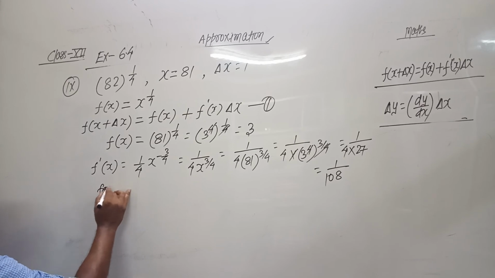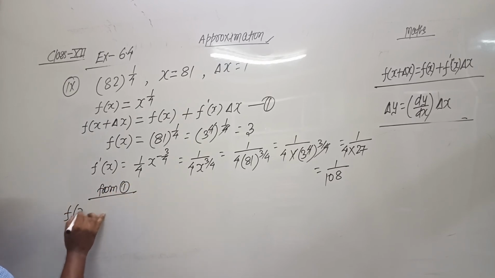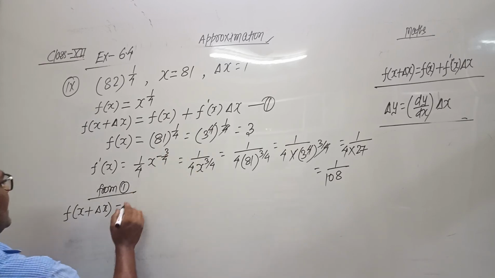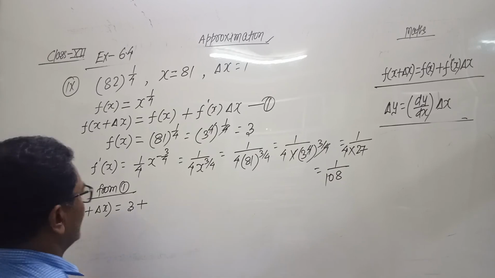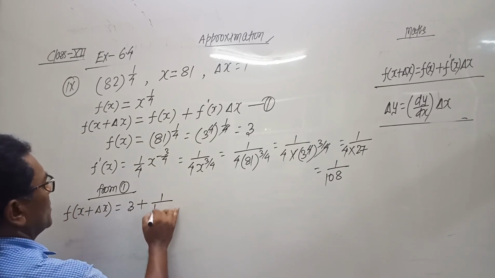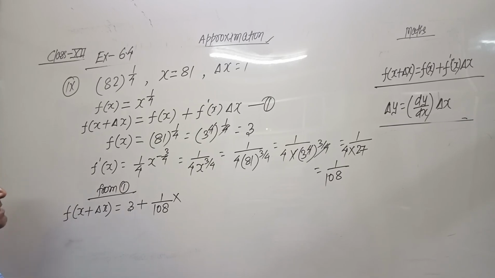Now from the first equation, f of x plus delta x equals f of x, the value of f of x we calculated. This is 3. F of x is 3 plus f dash x we have calculated, 1 upon 108, into delta x.